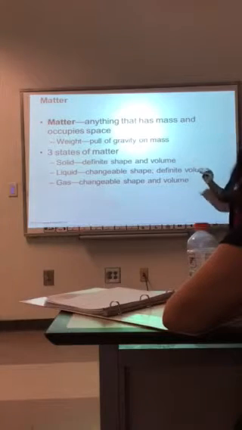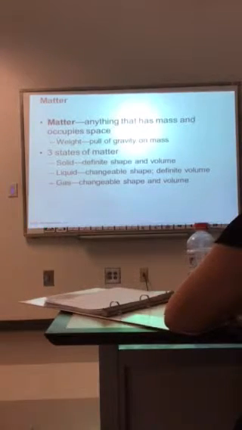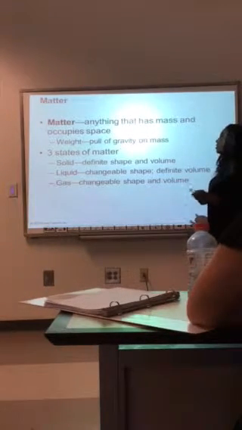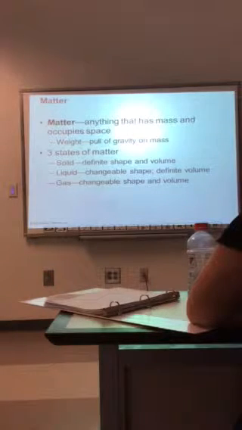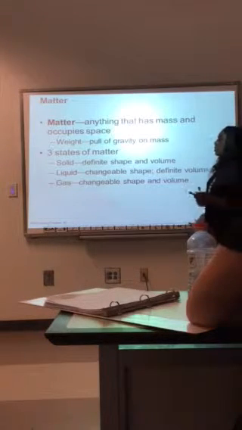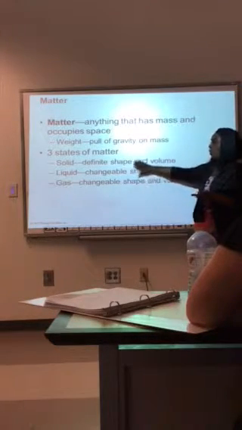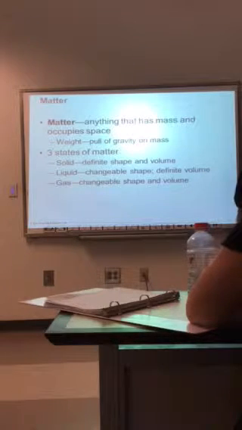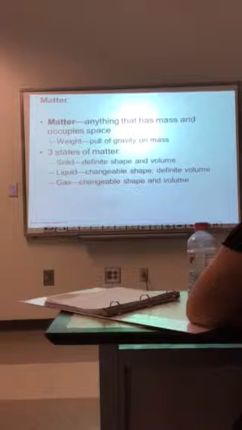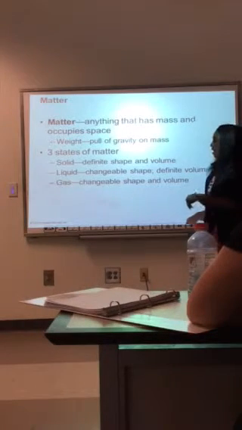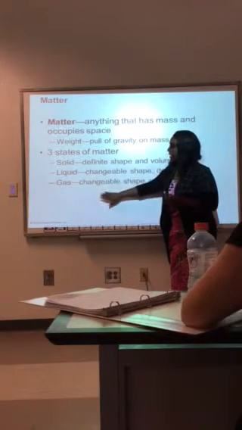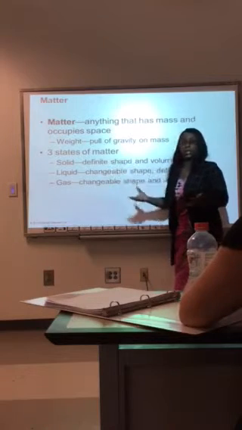So there are 3 states of matter, and matter is considered to be anything that has mass and occupies space. Anything that has mass and occupies space is considered to be matter. So of course we have a solid, a liquid, and a gas. These can change into each other.